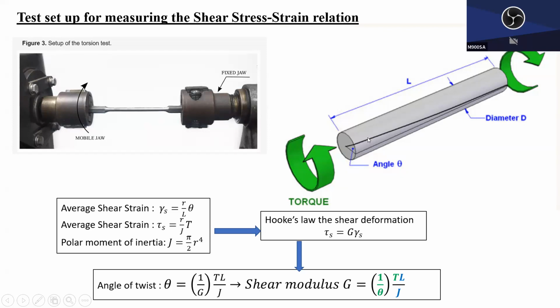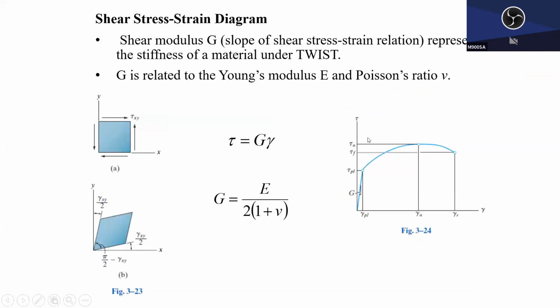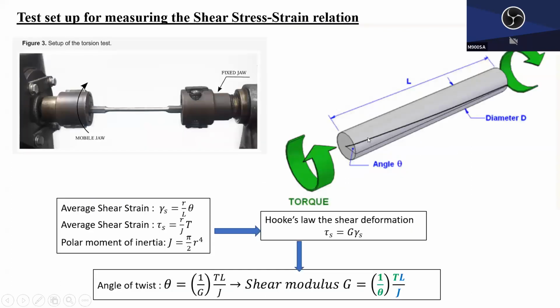J is given by radius, which is already measured before testing. So the blue parameters L and J are already measured and calculated, so they are known. The green parameter is measured through the testing. So with these parameters combined, you can find out G, the shear modulus.